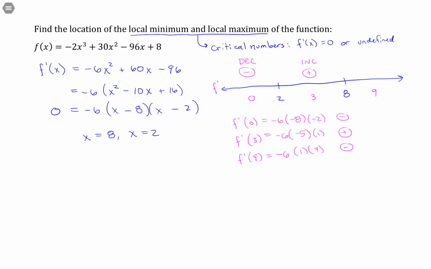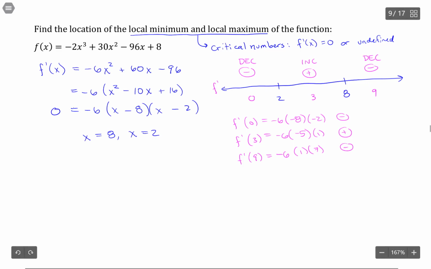So 1 negative, the result would be negative, which tells me I am decreasing on this interval. So what that tells me, I can interpret this as I'm going from decreasing to increasing, so this is a minimum value. I change from increasing to decreasing, so at 8 I have a maximum value.